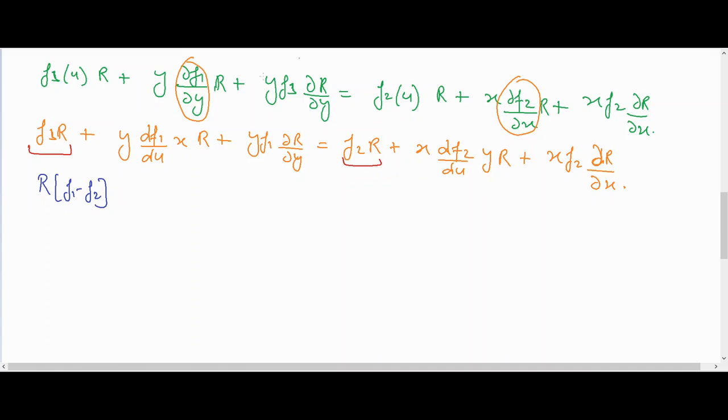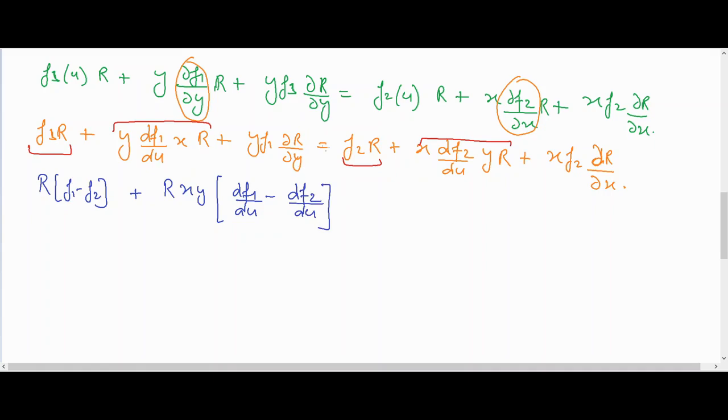And then we can take these terms, which are kind of similar, so we will get plus r xy, since xy is the same in all these terms, then we have df1 by du minus df2 by du, right?